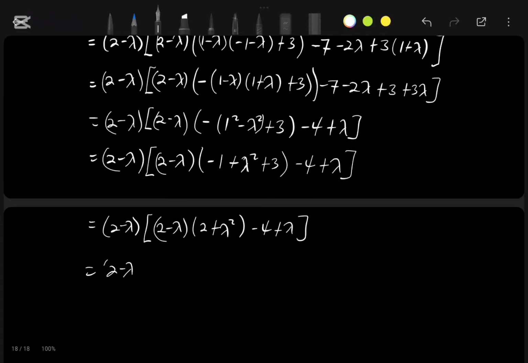So 2 minus lambda. Expanding this, we have 4 plus 2 lambda squared minus 2 lambda minus lambda cubed minus 4 plus lambda.